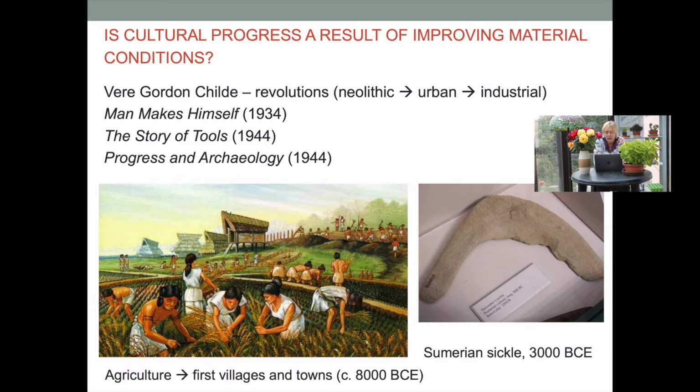So if we believe the traditional anthropology and archaeology, again, the name that you may find familiar, Vere Gordon Childe and his book Man Makes Himself, the revolutions, the Neolithic revolution, then the urban revolution, then the industrial revolution. Was this really how the world progressed?